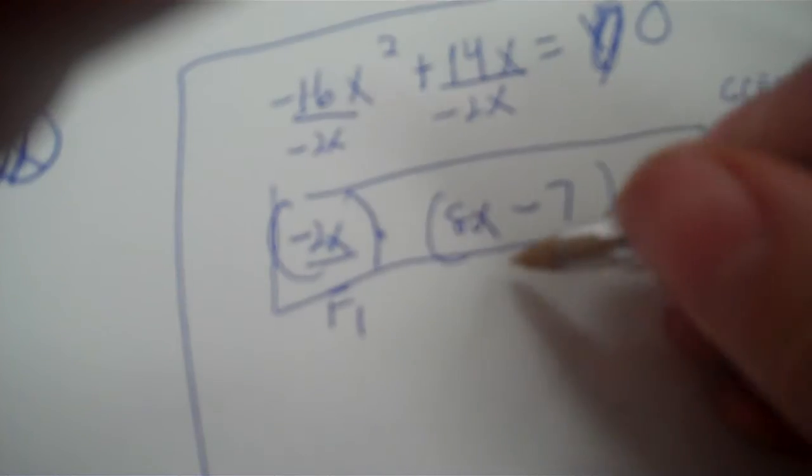So negative 2x is the greatest common factor. That gives me 8x minus 7. So negative 2x equals 0, or 8x minus 7 equals 0.